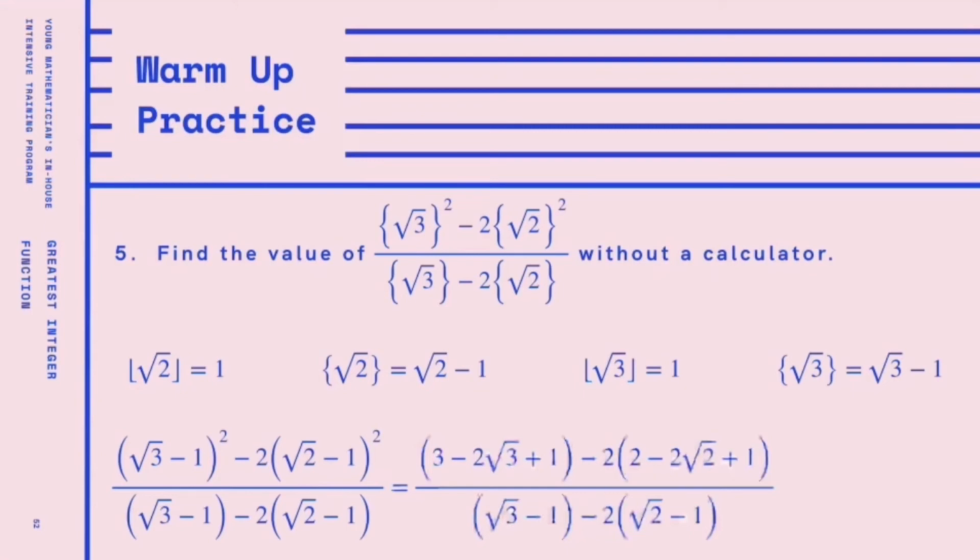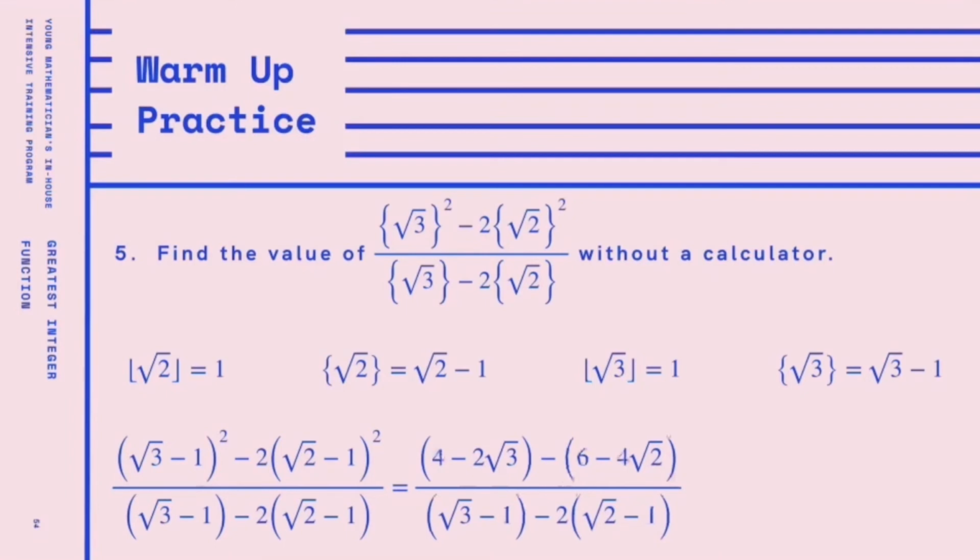Now distributing 2 and simplifying terms, we get 4 minus 2 square root of 3 minus the quantity 6 minus 4 square root of 2. Simplifying further, 4 minus 6 is negative 2, minus 2 square root of 3 plus 4 square root of 2.